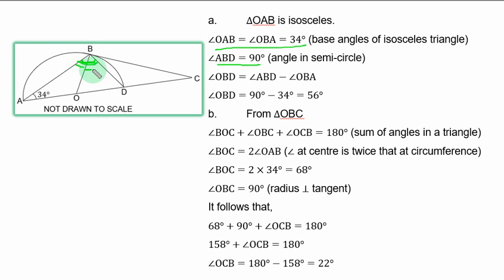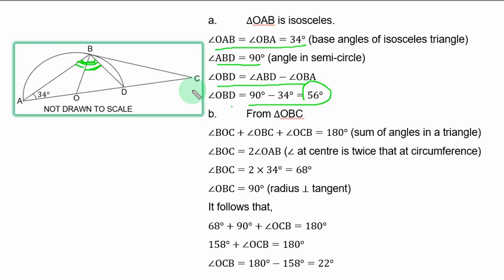So this remaining angle becomes 90 degrees minus 34 degrees. That is what you have here, and this is the subtraction, and you have 56 degrees.